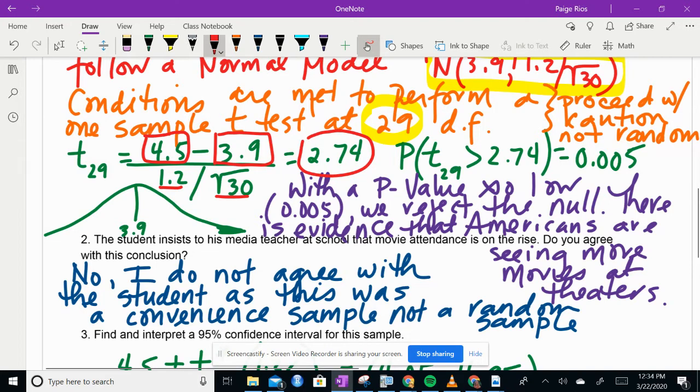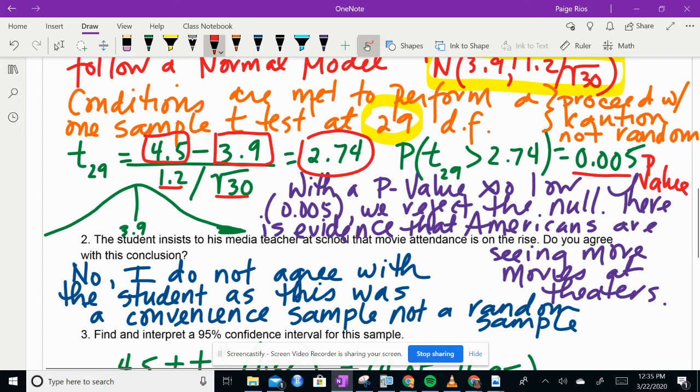So again, you're still following the premise that beyond 2 standard deviations is going to be unusual. Looking at the probability that my t at 29 degrees of freedom would be beyond 2.74, it's 0.005, a very low p-value right here.